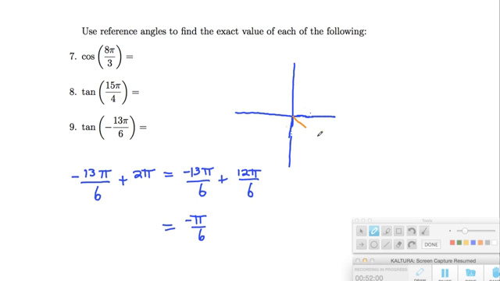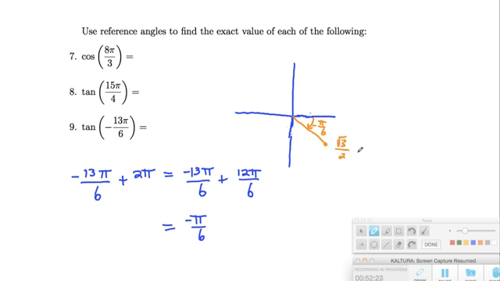So I'm just going to go ahead and view this as the negative pi over 6, and that's going to give me a reference angle of pi over 6. Alternatively, you could add 2 pi and make this 11 pi over 6. Same thing. Same landing spot, I should say. They're coterminal angles.